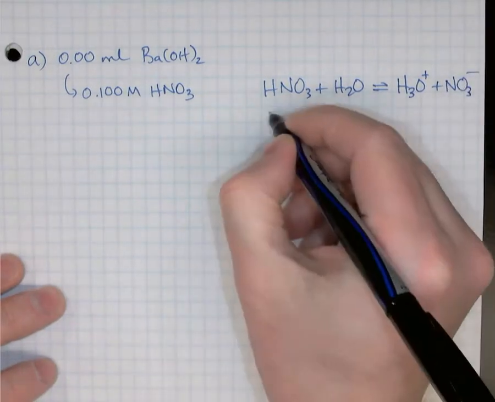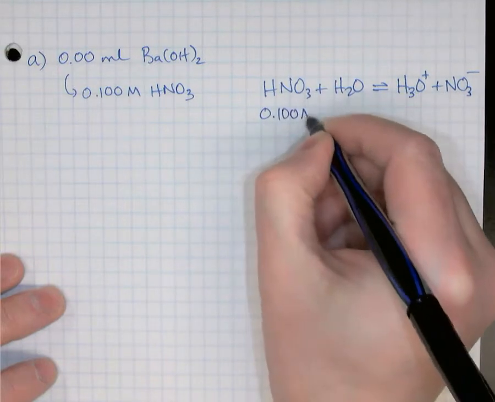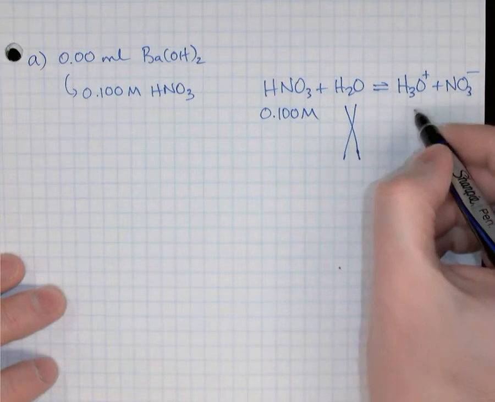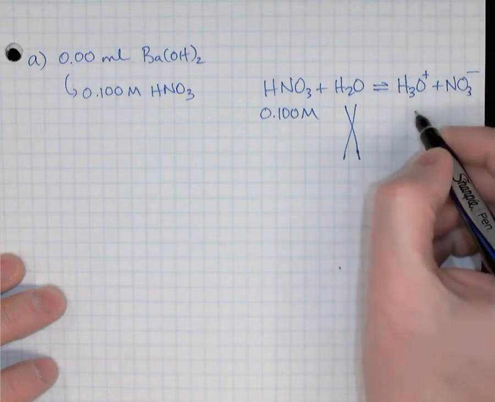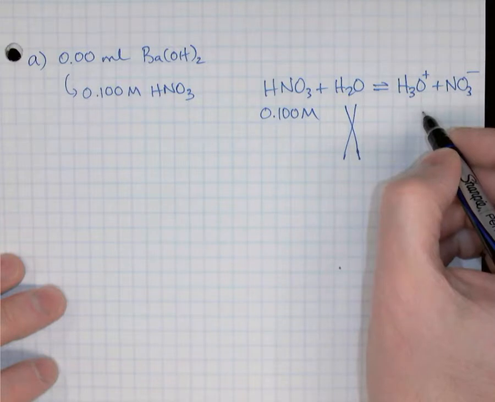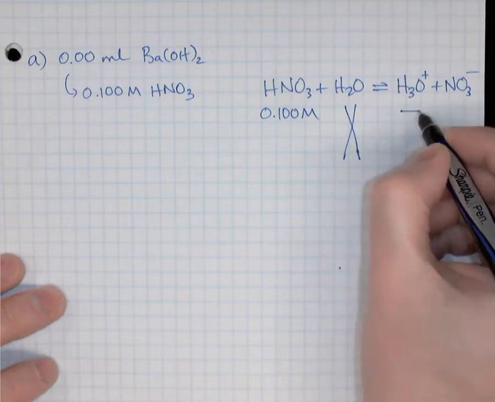Now you have 0.1 molar nitric acid. The water is a liquid in this reaction, so we can ignore it. There is some hydronium in pure water, but it's so small to begin with, 1 times 10 to the minus 7 molarity, that we just ignore it.